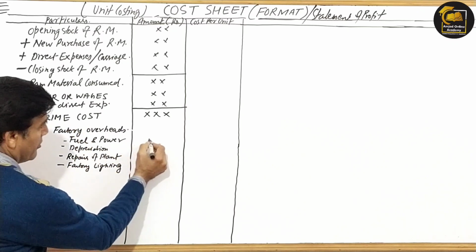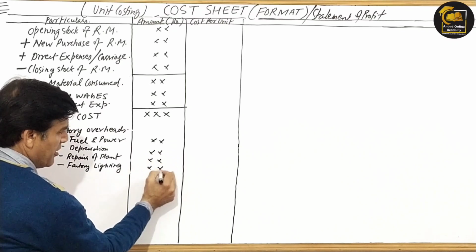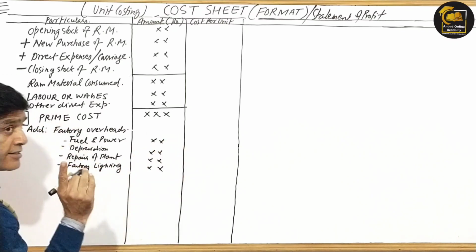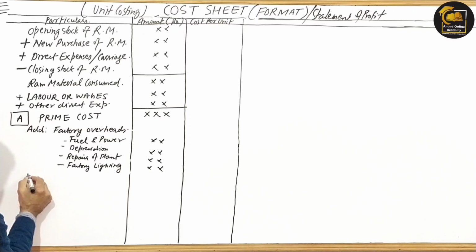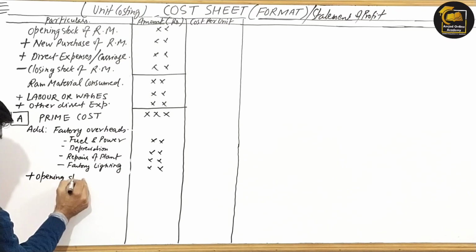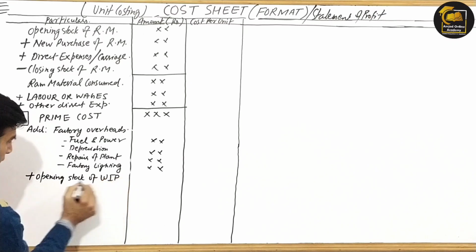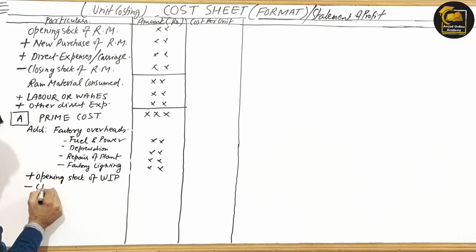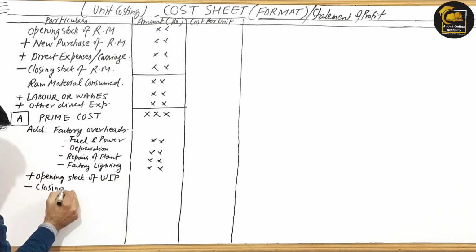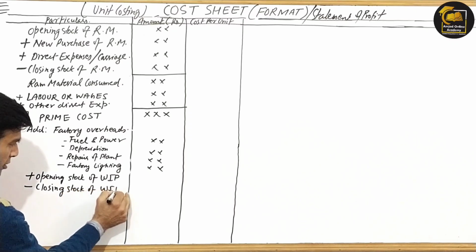Whatever will come here, there may be several others. You have to adjust another thing. This is plus opening stock of WIP and minus closing stock of WIP.